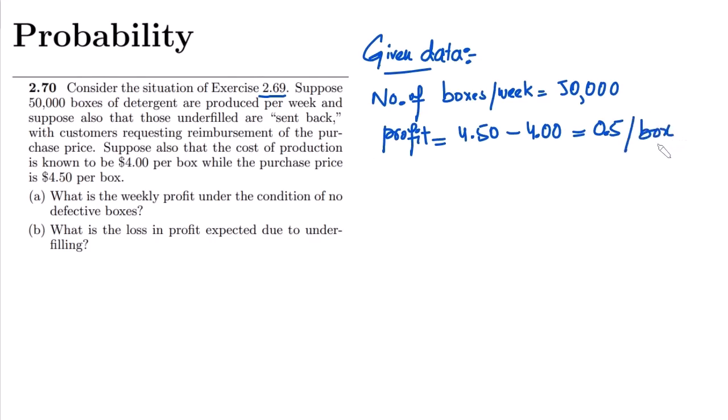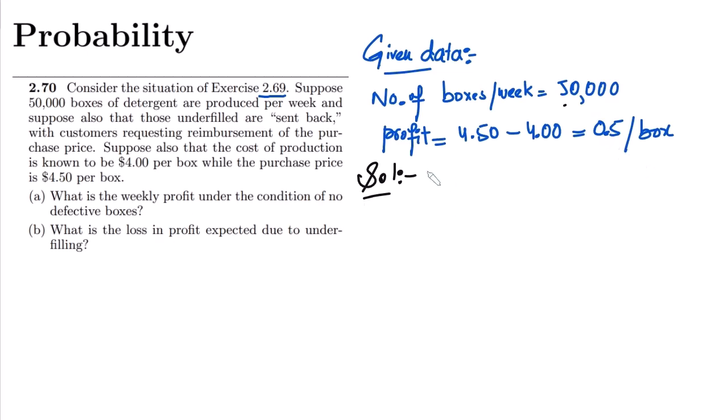So on the basis of it, what do we have to find out? There are two parts. In part A, we have to find the weekly profit under the condition of no defective boxes. Here let me solve it. I can very easily see that the number of boxes manufactured per week is 50,000, and there is a profit of $0.5 per box.